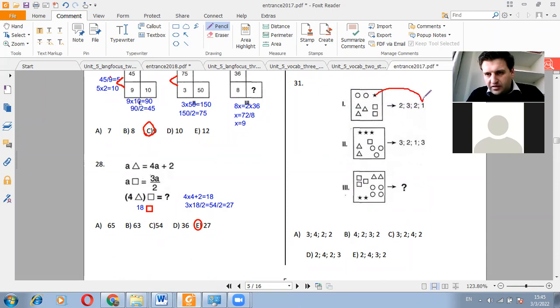So obviously we can say that there's 1 star, so there's number 1, 3 triangles, which represents number 3 here, and then we have 2 from both of them, but we don't know which is which. Here the important thing is the order. So we know that on the next shape, the star comes at the end.